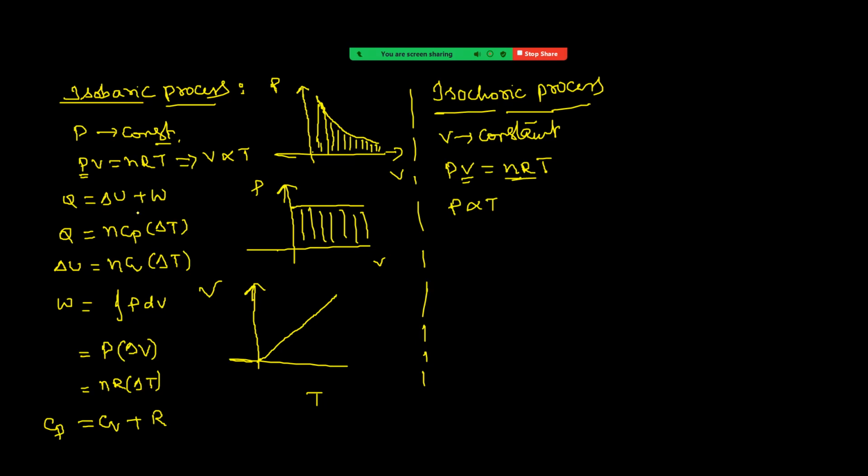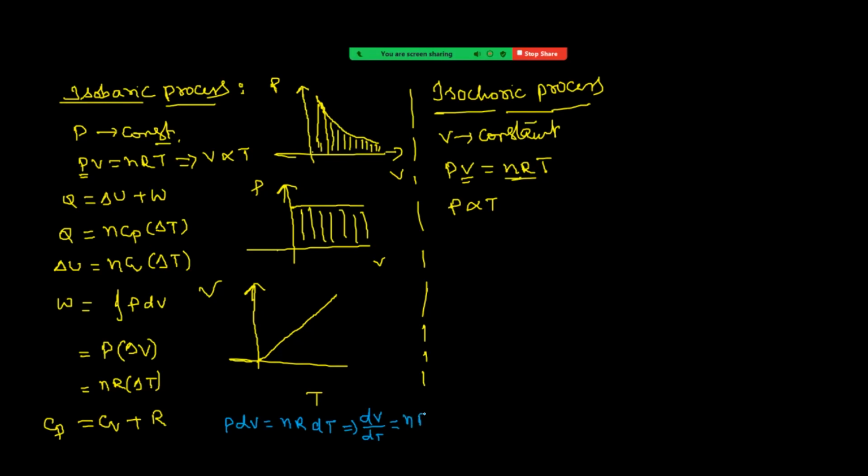See, slope gives us what from here? If you differentiate this, what we get? See carefully. Differentiating that gas equation, we get P dV is equal to nR dT. So here slope means dV by dT. Slope is dV by dT.